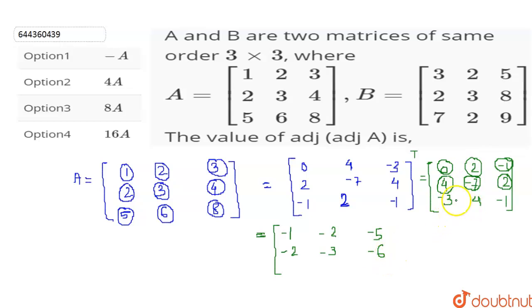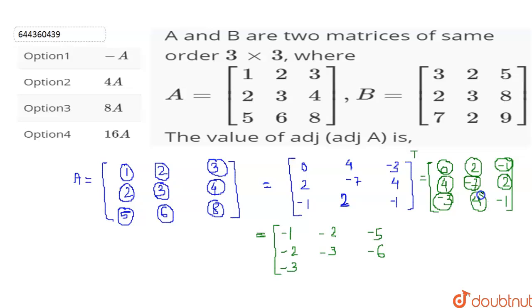And now we have to find the value for this one. For this, the matrix is 2 into 2 minus 7 into minus 1, so this value finally becomes 4 minus 7, that is minus 3, and there is also no sign change, so this remains as it is, minus 3.